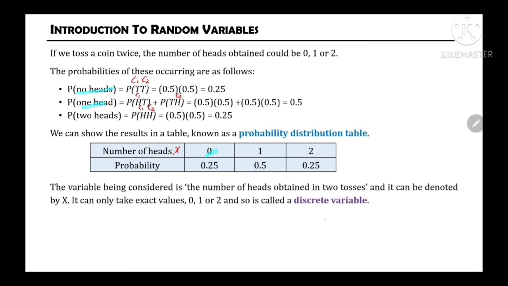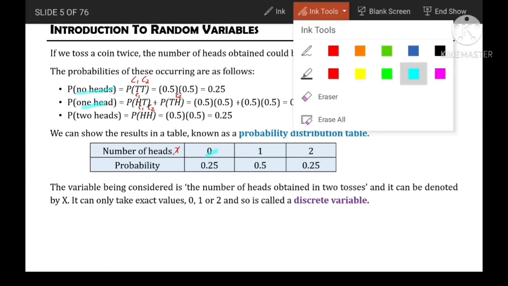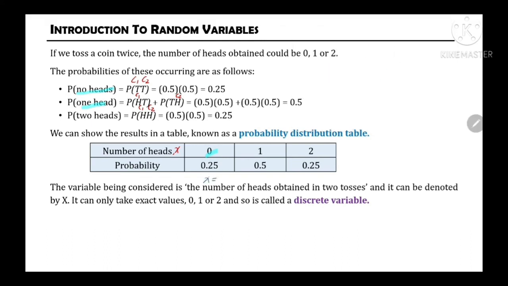The variable being considered is the number of heads obtained in two tosses, and it can be denoted by X. X equals the number of heads obtained in two tosses. It can only take the exact values 0, 1, or 2, and so is called a discrete random variable.